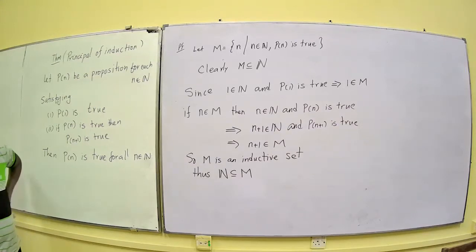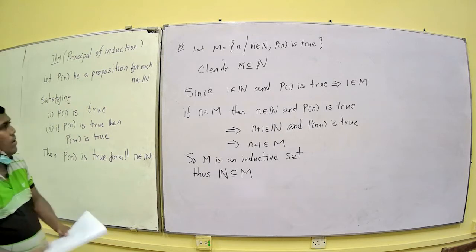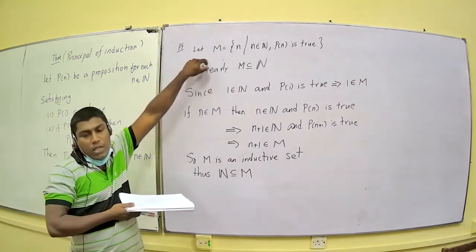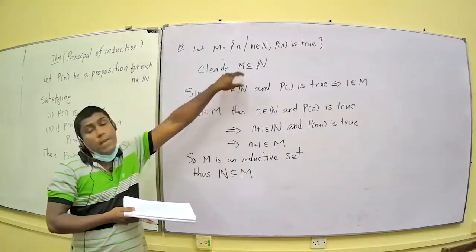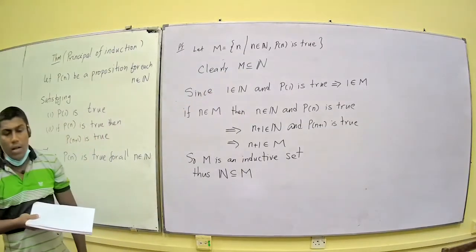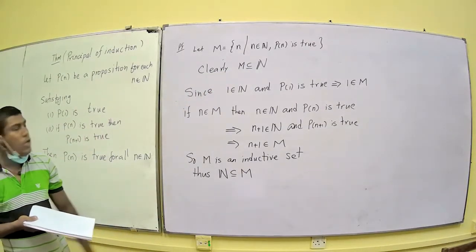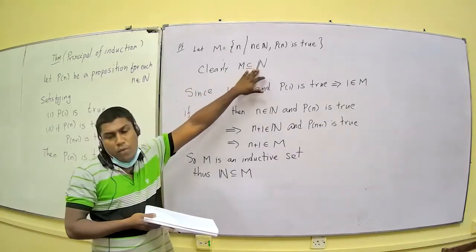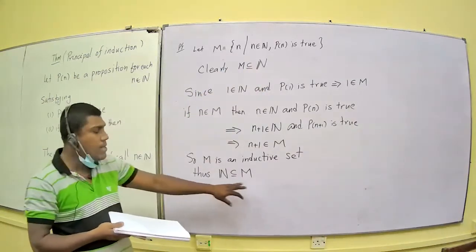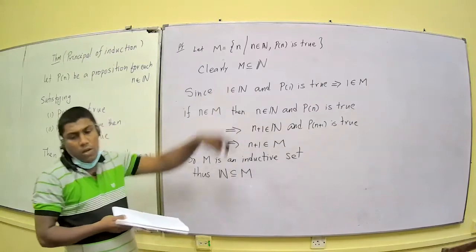But according to our definition, M is a subset of N. So we have two results, both of them true: M is a subset of N, but at the same time N is a subset of M.